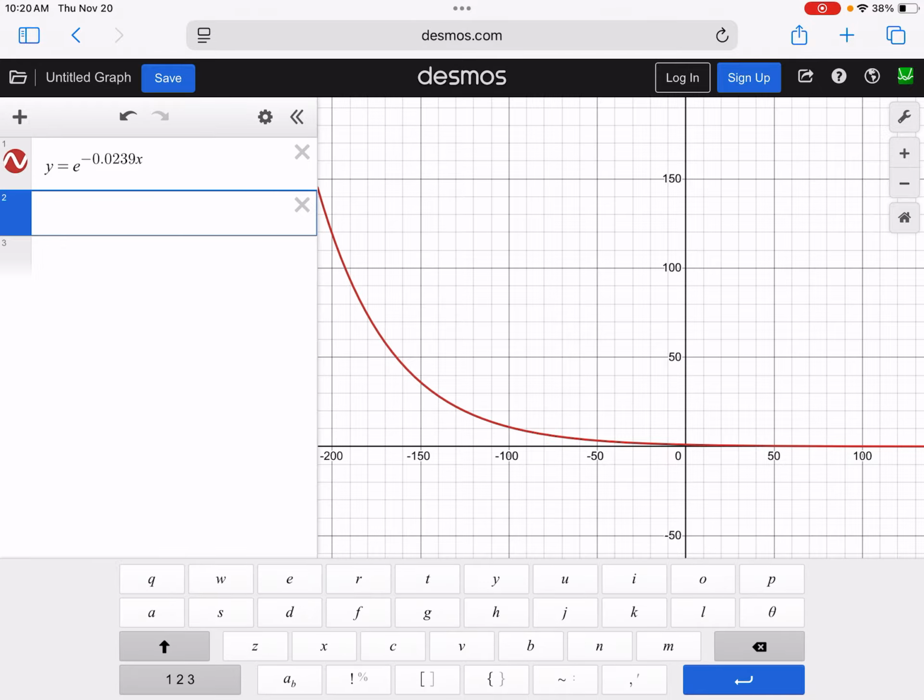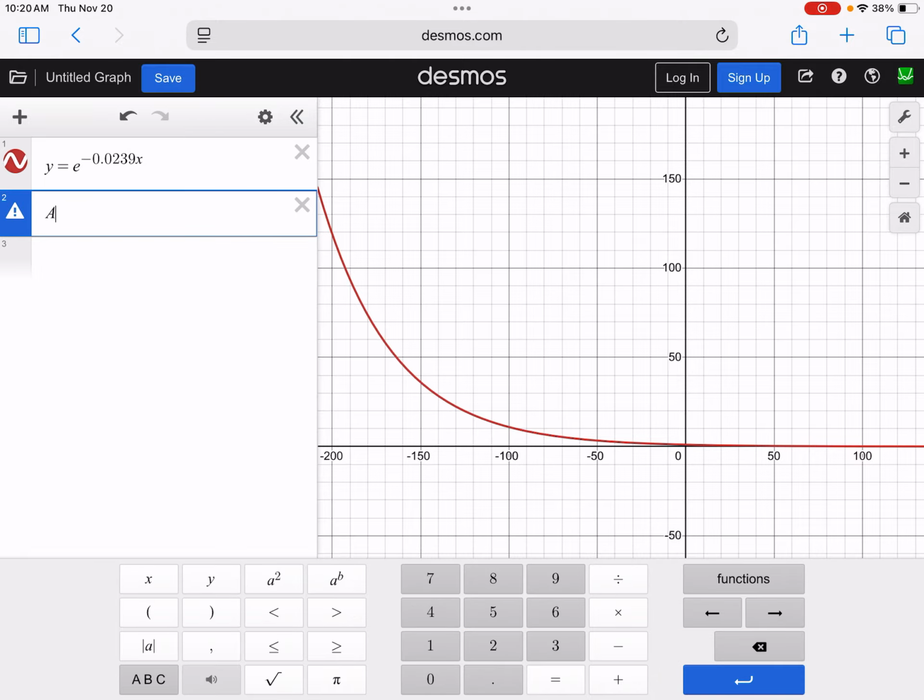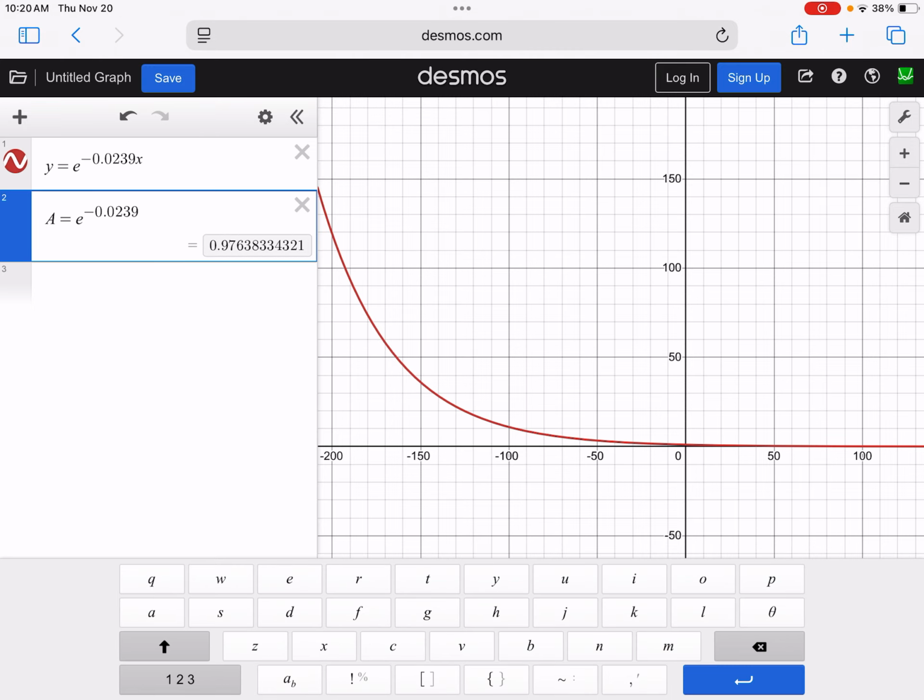So let a equal e to the power negative 0.0239 t. Oh, okay, we get the same graph.